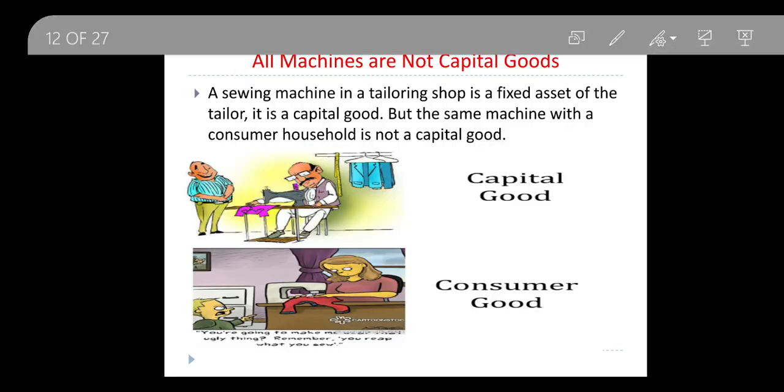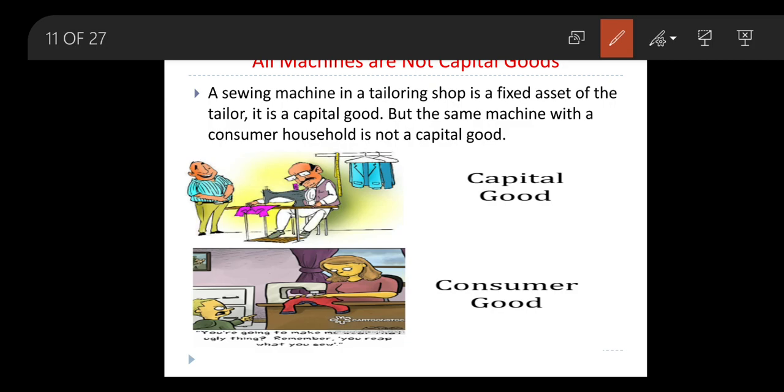It depends on how the machine is used. Let's say in a simple example, if this sewing machine is used by a tailor in his tailoring shop to produce clothes to earn profit, then it's a capital good.